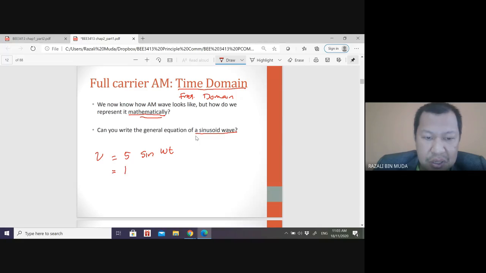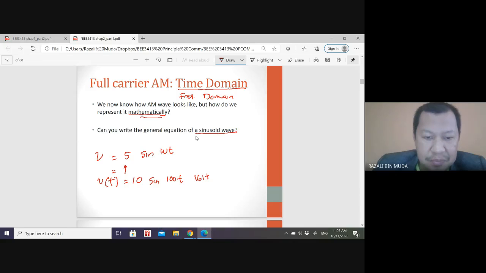So basically you have V t equal to 10 sine 100 t volt. This is a sine wave.